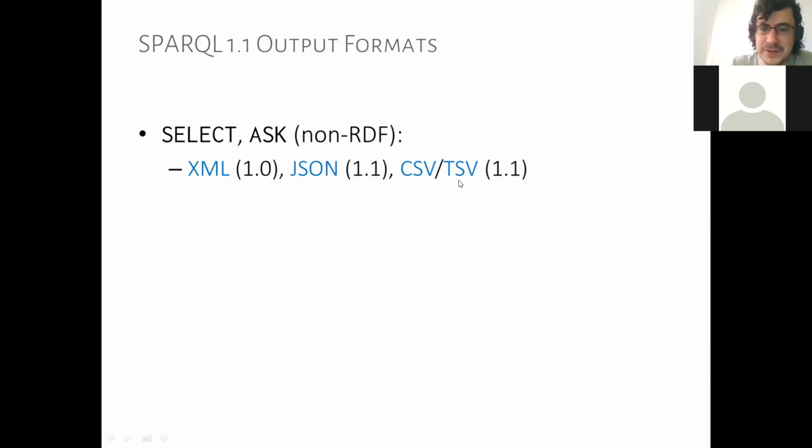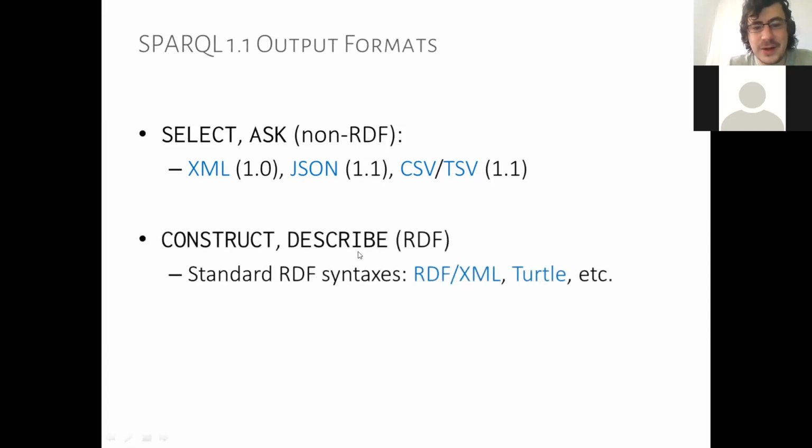Tab separated values, of course, being 100,000 times better than CSV, in my opinion. And then construct and describe, where we have returning RDF data. So in this case, we can return our data in standard syntaxes like RDF/XML or Turtle or whatever RDF syntax we like.